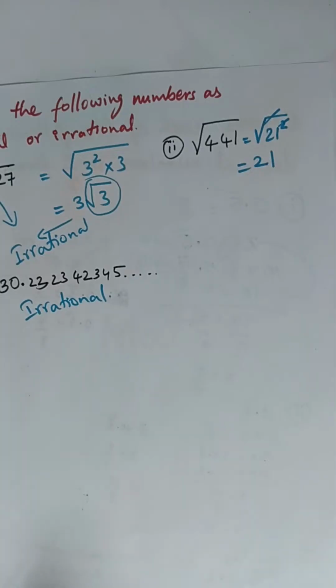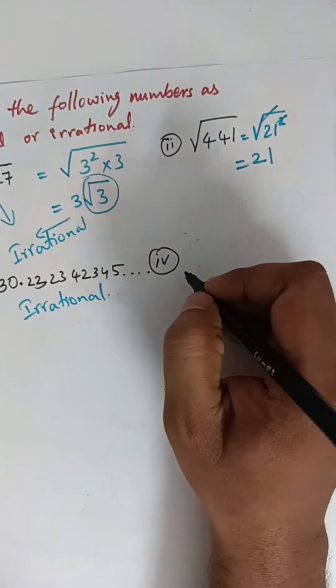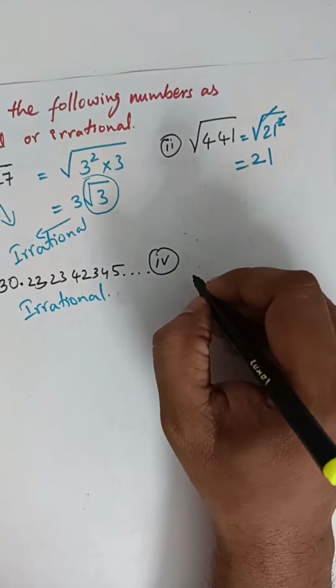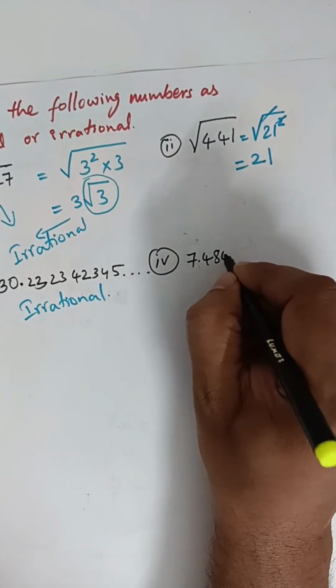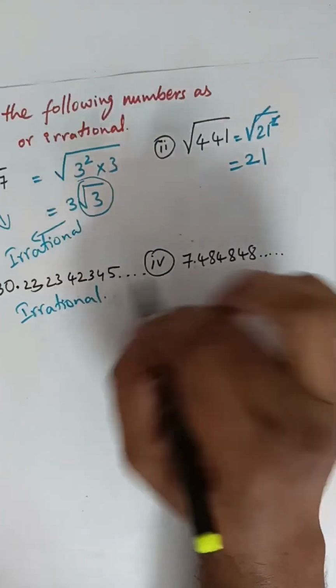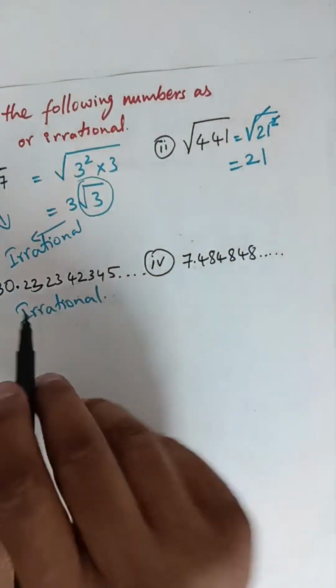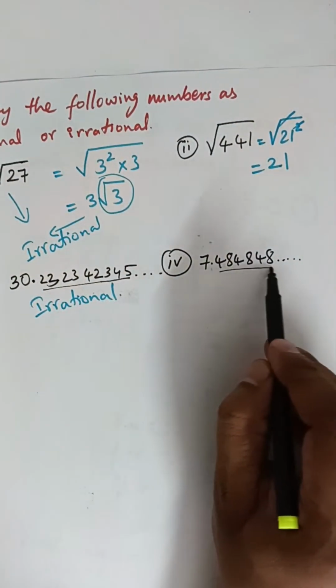Clear? Next question number 4. Now 7.484848 and so on. See the difference between this question and this question. Here the decimals are not repeating. Here the decimal part is repeating.